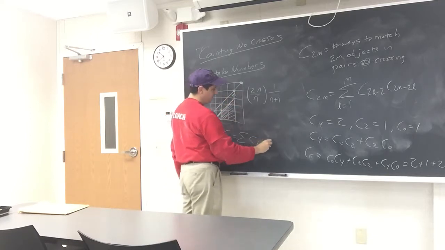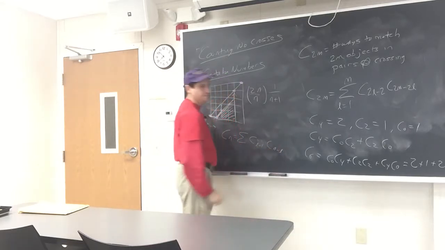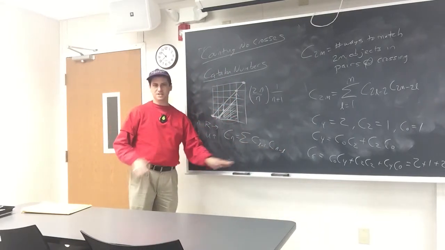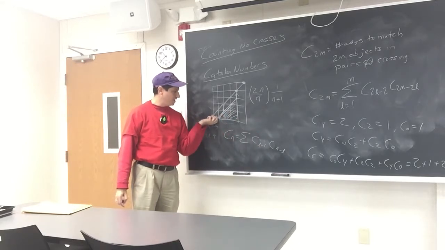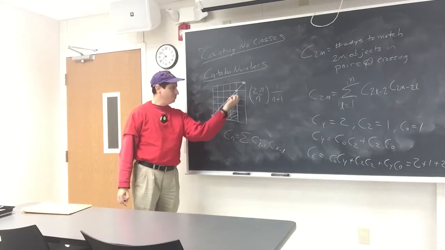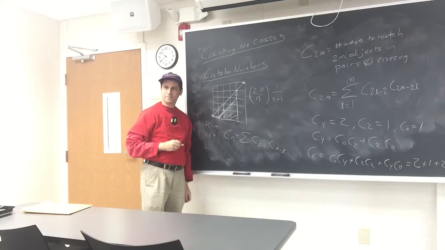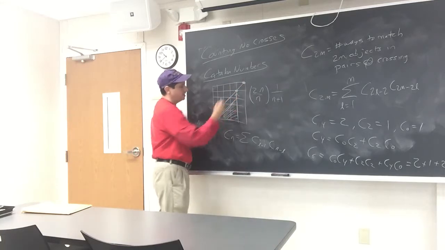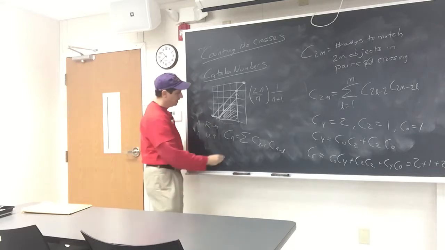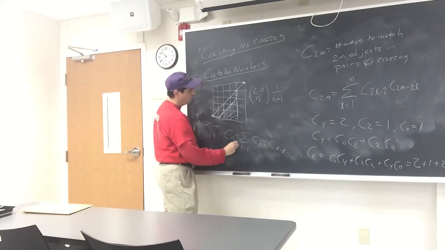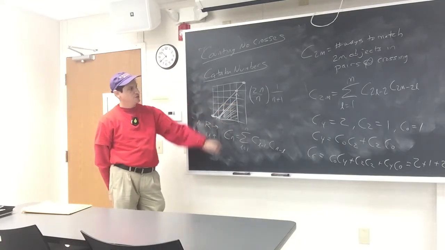And then over here, I would multiply by a Catalan number of like n minus L. I'm not even worrying right now about getting my indices right. This is made smaller because this move has to be fixed to the right. This move has to be fixed to the up. And then it's a Catalan number of one smaller size. And then over here, this is a Catalan of what's left over. So it should have added up to n. It adds up to n minus 1. And then L could go from 1 all the way up to, I think, n. And that's essentially the same recurrence we have.